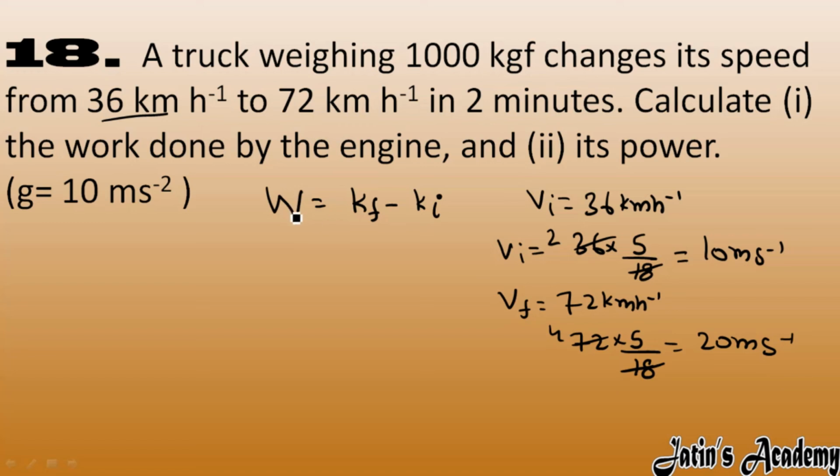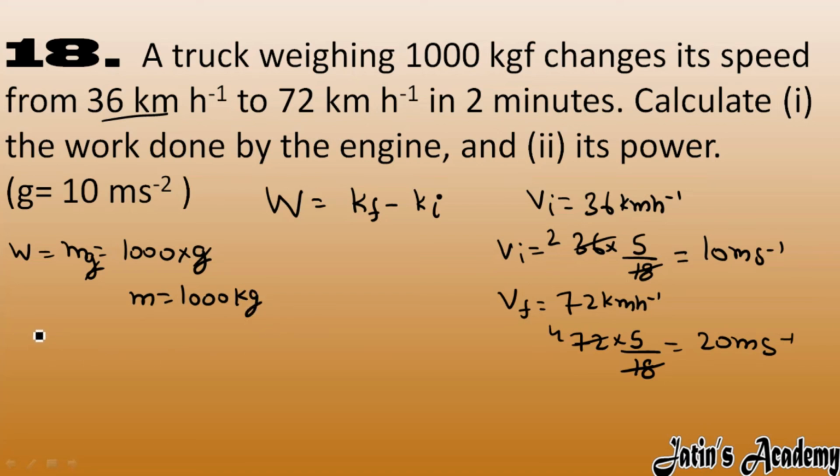But before that we have to calculate the mass. Here mass is given as 1000 kgf, which is equal to weight, mg. Kgf means 1000 into g. So g and g cancel out. Mass value is 1000 kg.